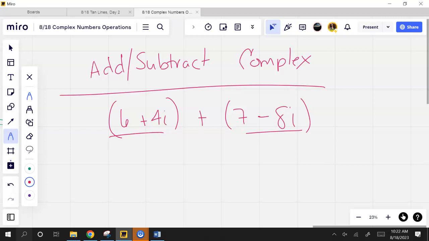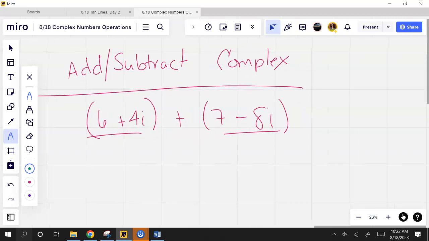So what I'm going to do, can you guess before I tell you? That's exactly right. All we're going to do is combine like terms. That's it. Okay? It is that easy. So put the real number parts together. 6 plus 7 is what?